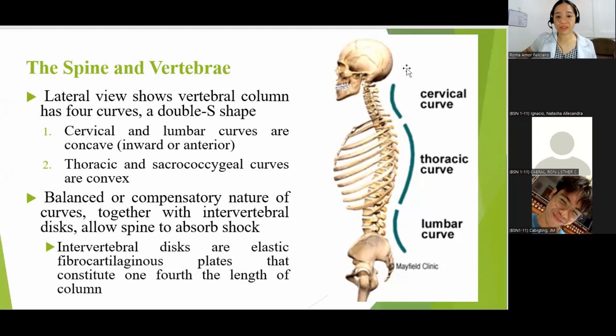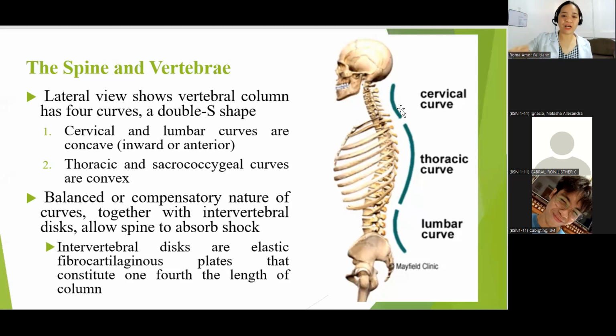Okay, so the cervical curve has an inward curve. Pagpunta naman ng thoracic, ito na yung area ng ating back, no? Ang thoracic naman, meron siyang outward curve. Normal lang na kapag tumalikod ka, yung thoracic curve, hindi naman siya yung straight lang talaga, no?